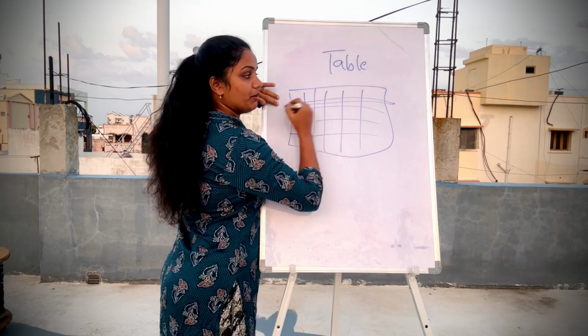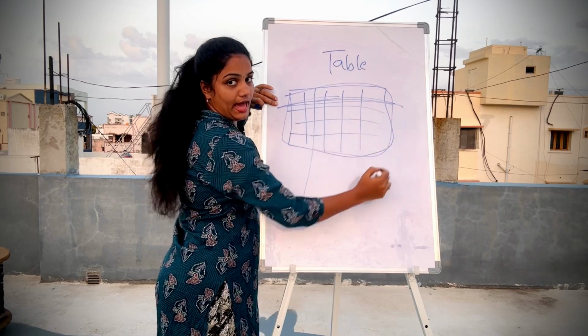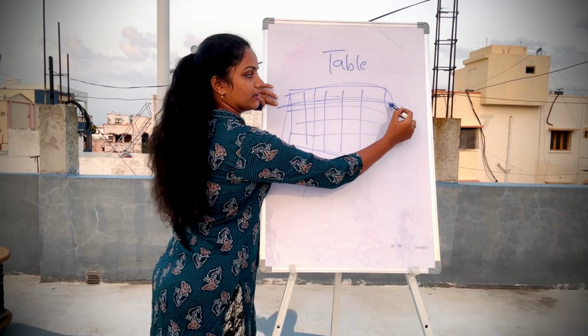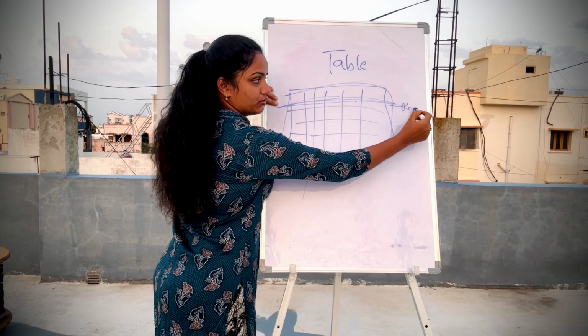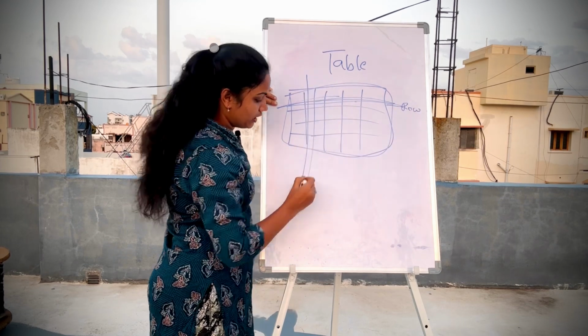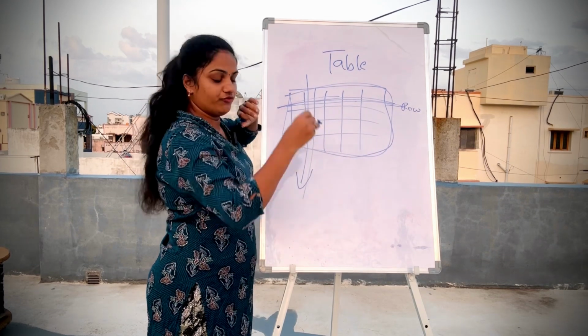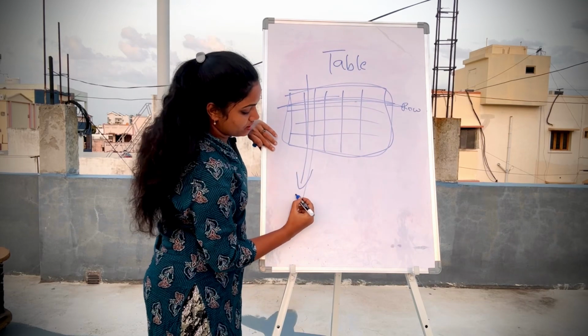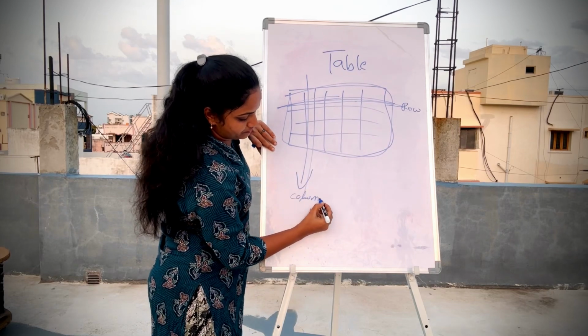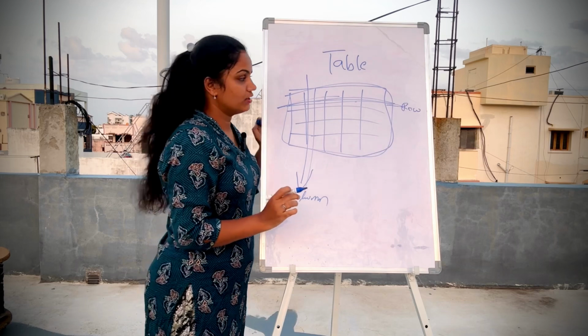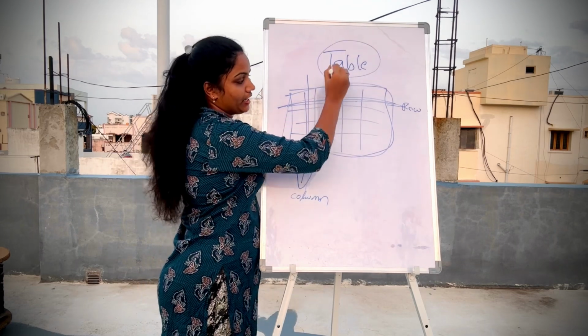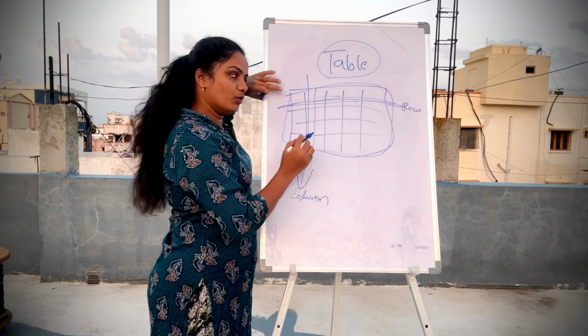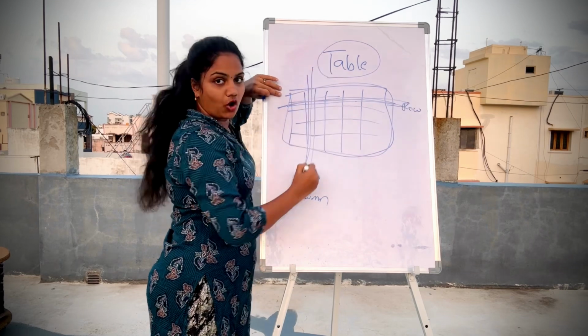The horizontal portion of table is known as rows. The vertical portion of table is known as column. Understood? Table is a combination of both rows as well as columns.